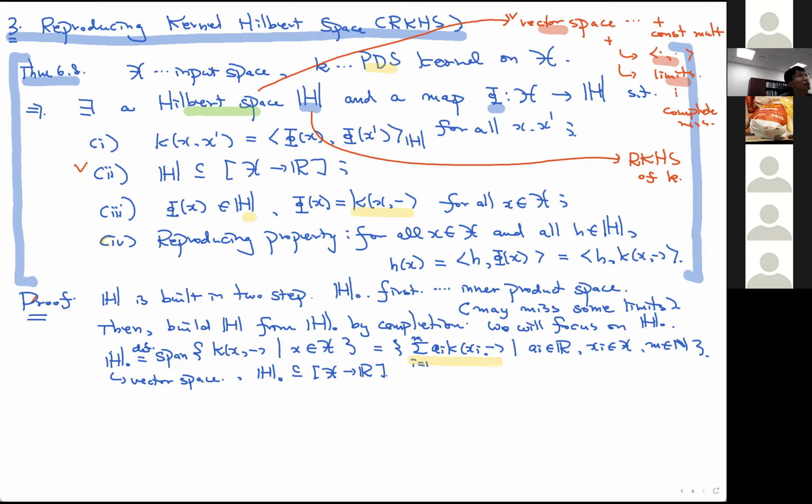Then we move to the third. For the third, we define phi of x as a partially applied function. So that is in H0, by our definition of H0. So this third part is also ticked.